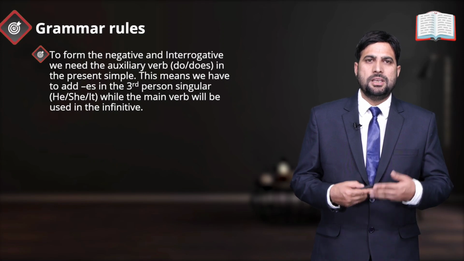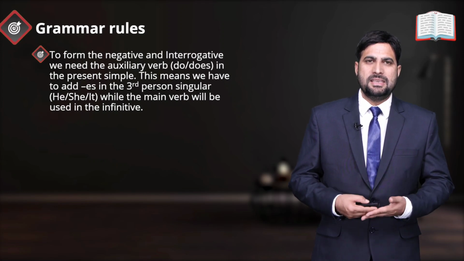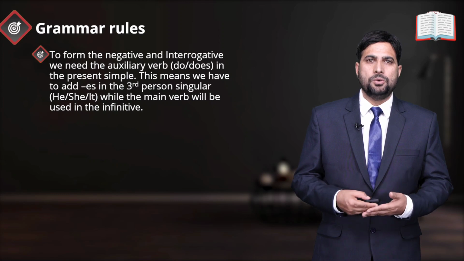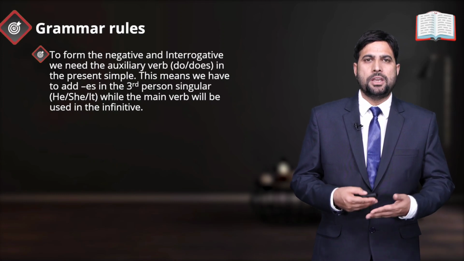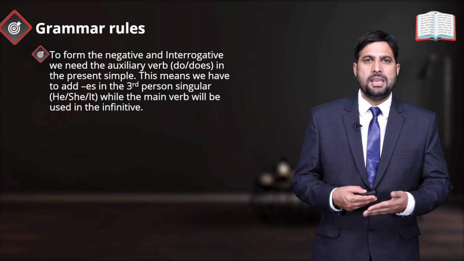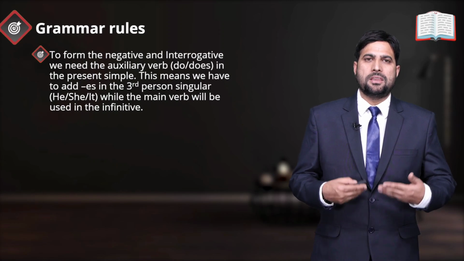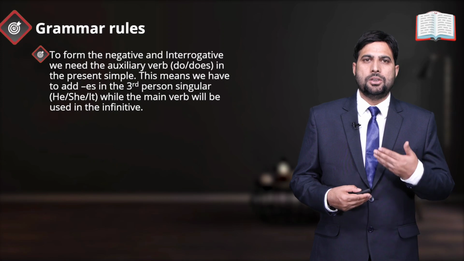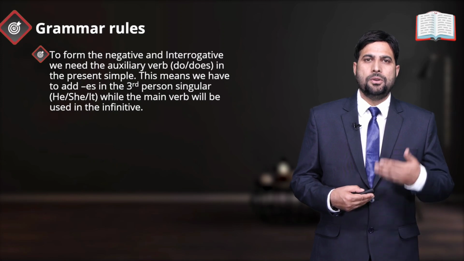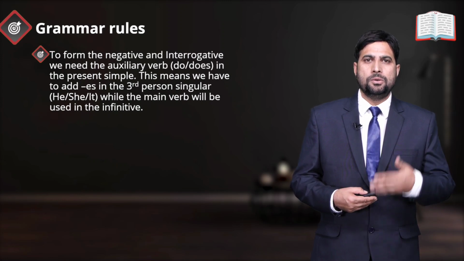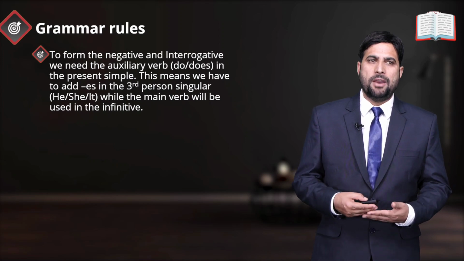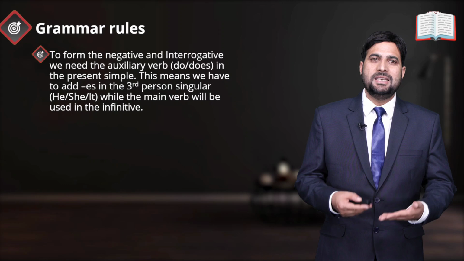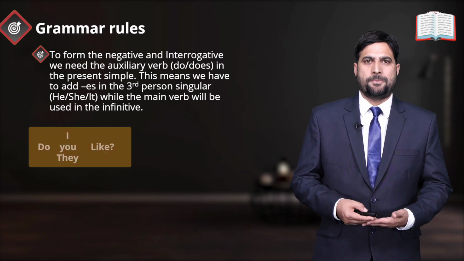With these three persons, you have to use does, and do you can use with first person I, second person you, and third person plural. That is you do, I do, we do, they do, these do. But when we use he, she, it, then we have to use does. He does, she does, it does.